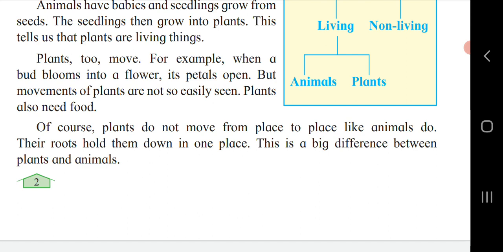But plants are living things that stay in one place and grow in one place only. With the help of the roots, the plants get a hold, due to which they don't move from one place to another.